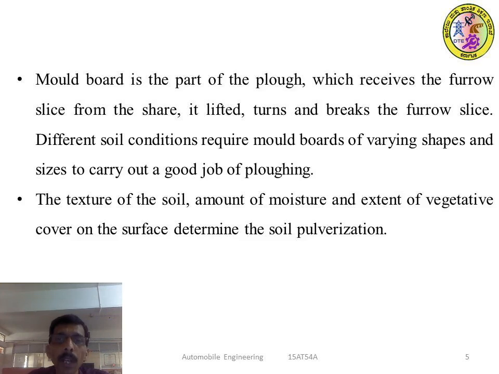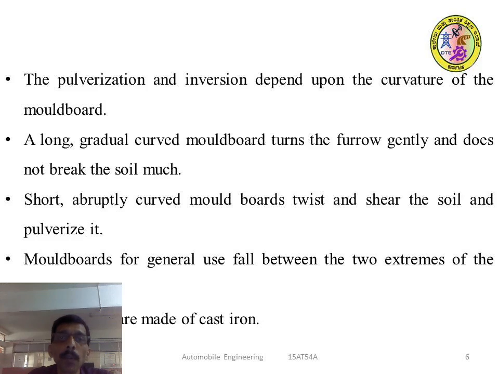The texture of the soil, the amount of moisture and the extent of vegetative cover on the surface determine the soil pulverization. The pulverization and inversion depend upon the curvature of the moldboard. A long gradual curved moldboard turns the furrow gently and does not break the soil much.